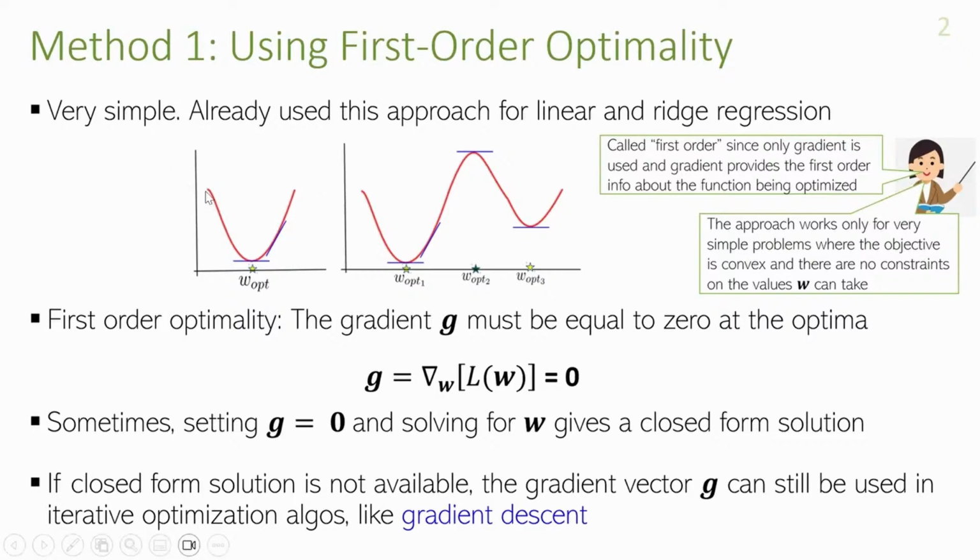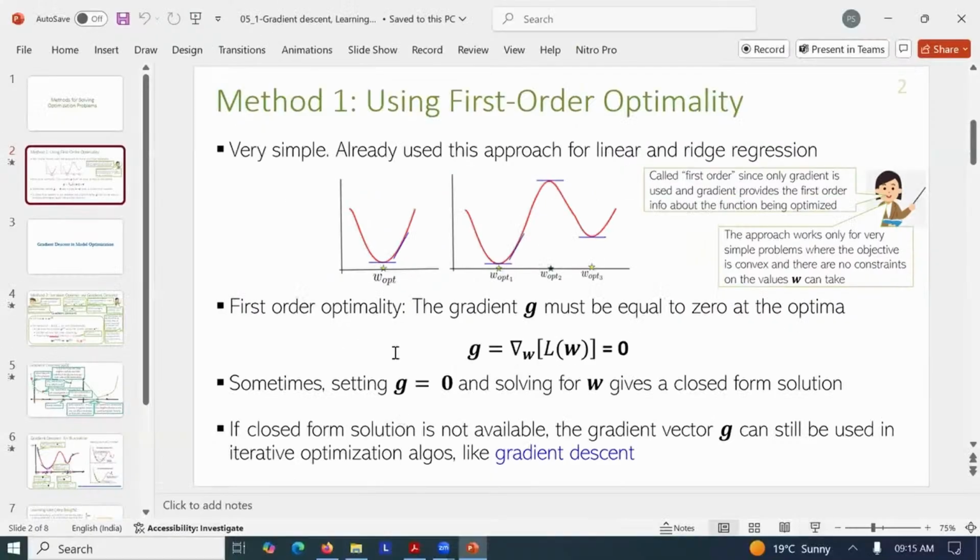Since we want to minimize the loss function, you can use the fact that the derivative or gradient is zero when we have the lowest loss or the highest loss, right? Because for both maxima and minima, the gradient must be equal to zero, right? Gradient means this derivative.